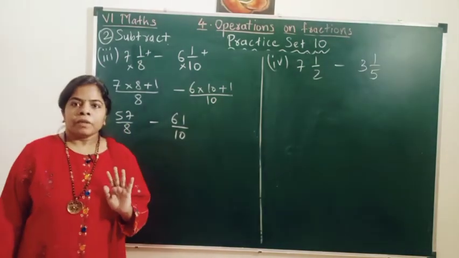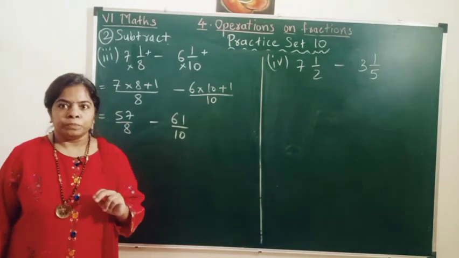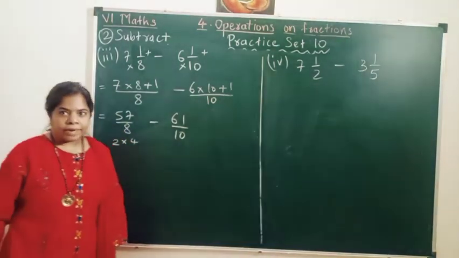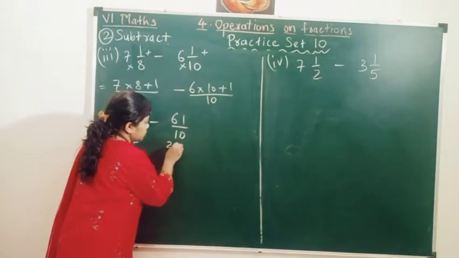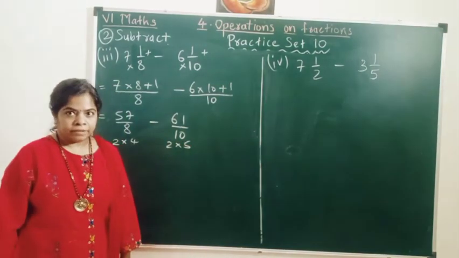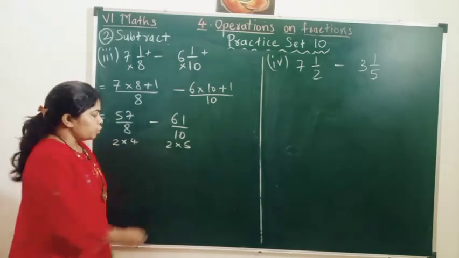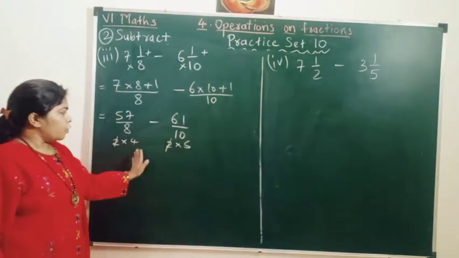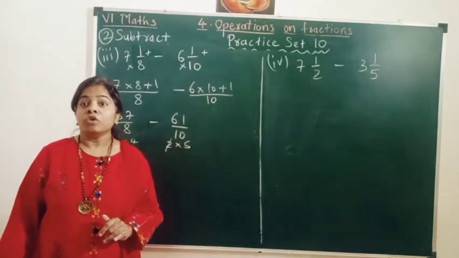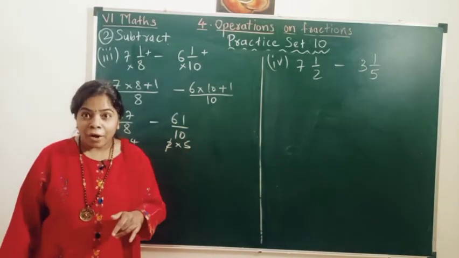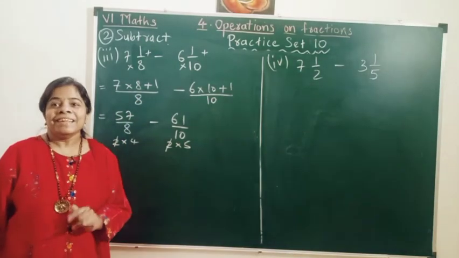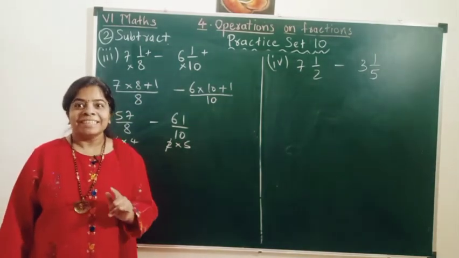So in the beginning only we will do it the correct way. They are coming in the table of 2. 2 fours are 8. 2 fives are 10. Both are coming in the table of 2. Fine. We'll cancel the table of 2. Now 4 and 5 are the uncommon factors. So now these we are going to cross multiply. That will make your work quite easier.